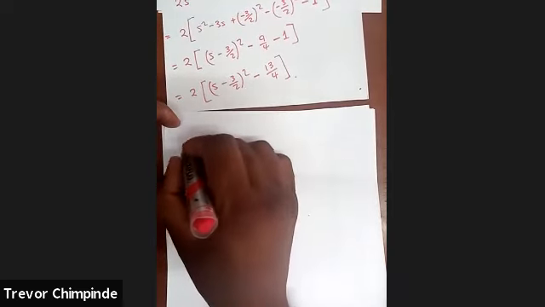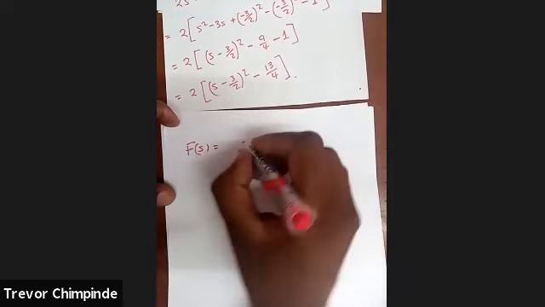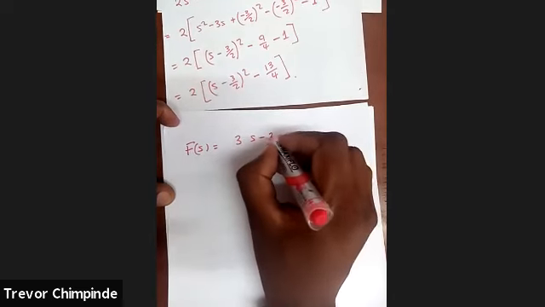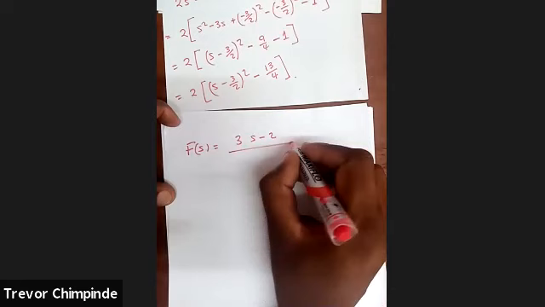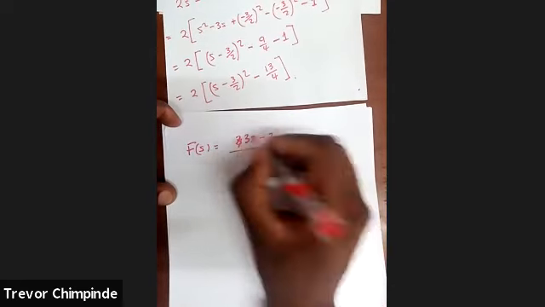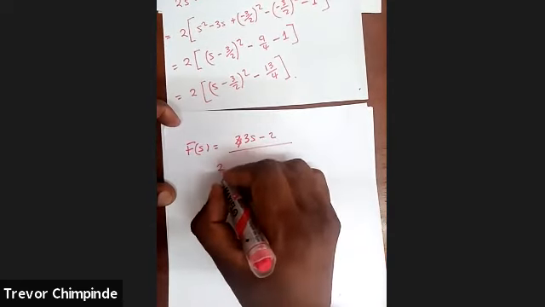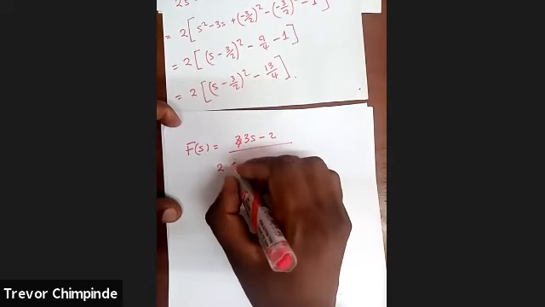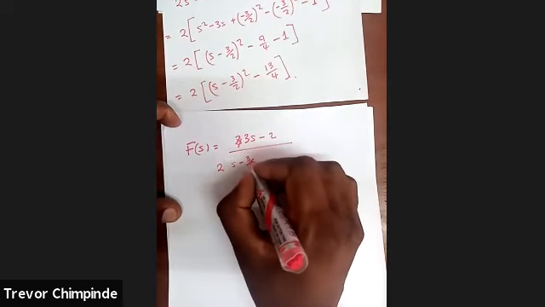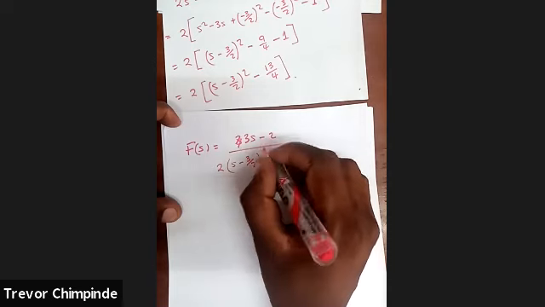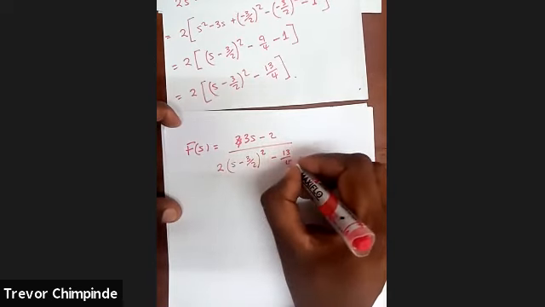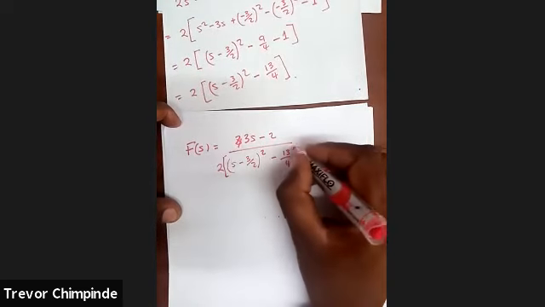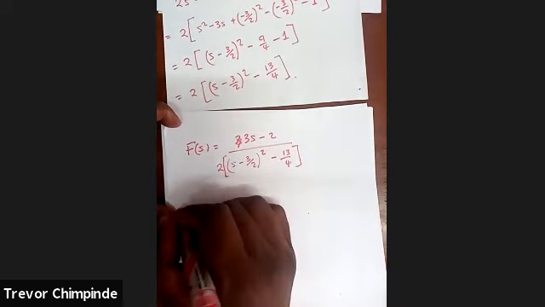So therefore, f of s is (3s minus 2) over 2[(s minus 3/2)² minus 13/4]. Let's include the brackets like this.